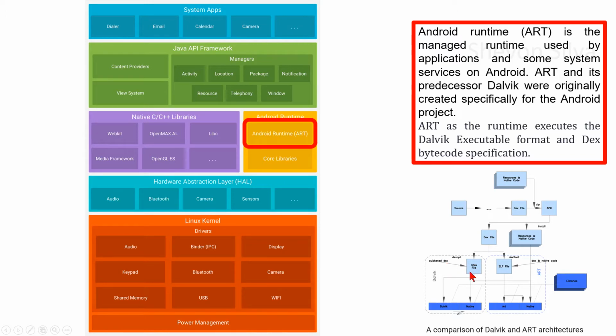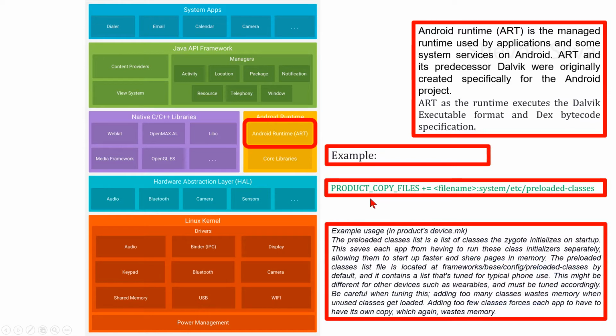Quick and DEX is there, and is moved to Dalvik and native, and libraries are linked from here, and there's a just-in-time process. And with Android Runtime ART, the ELF file is here, and DEX to OAT is there, and DEX and native code is there also, and it's moving to ART and native, and libraries are connected here.